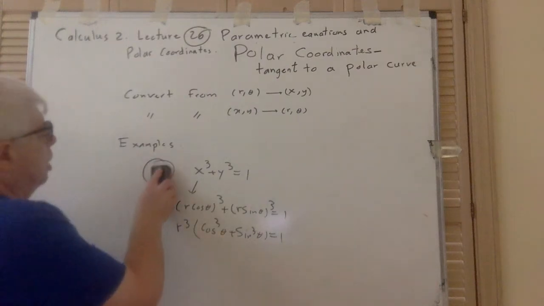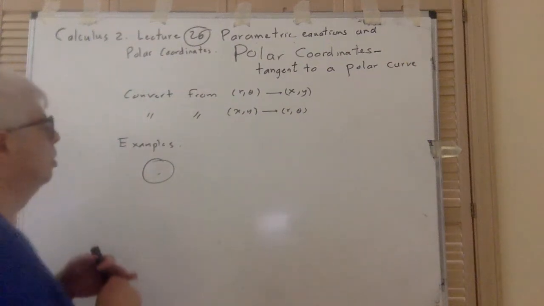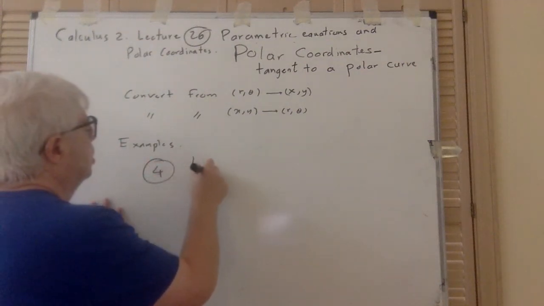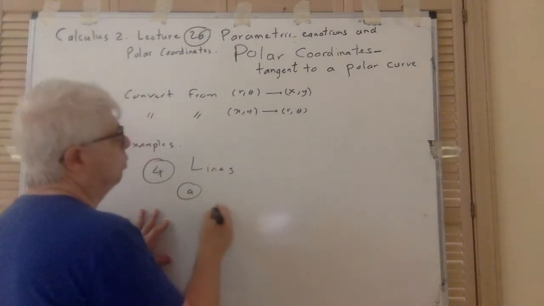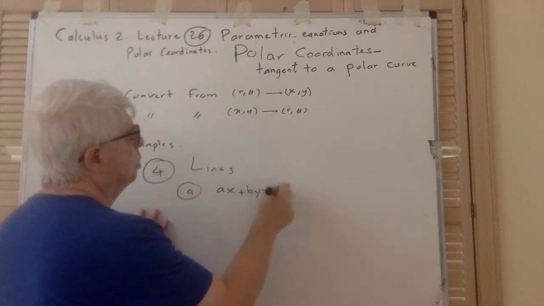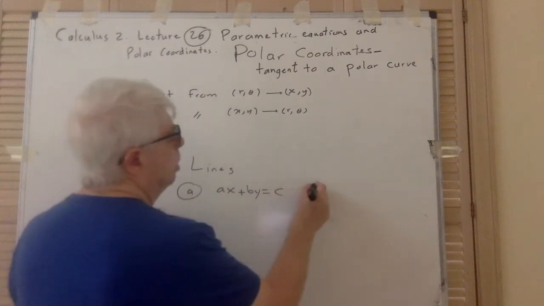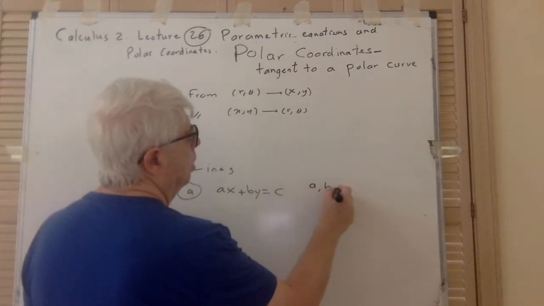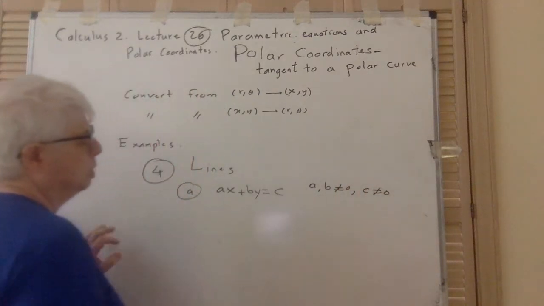So let's see, another example is lines. So let's say number 4, lines. So what is the general form of a line? I have ax plus by equals c, right? And this is if a, b are not 0, and let's say c is also not 0. So none of them is 0.